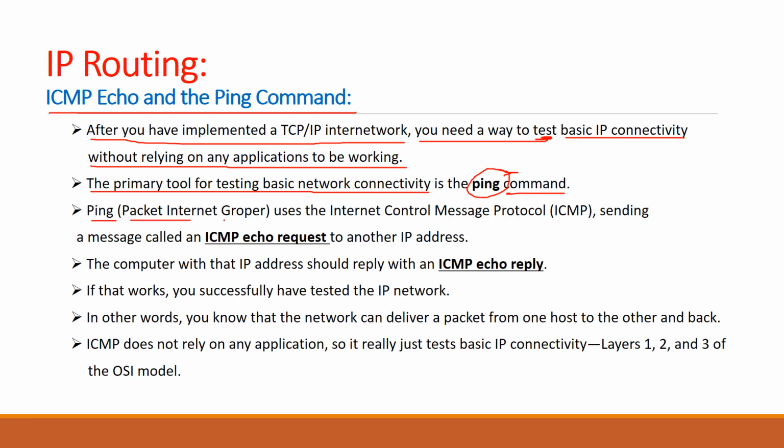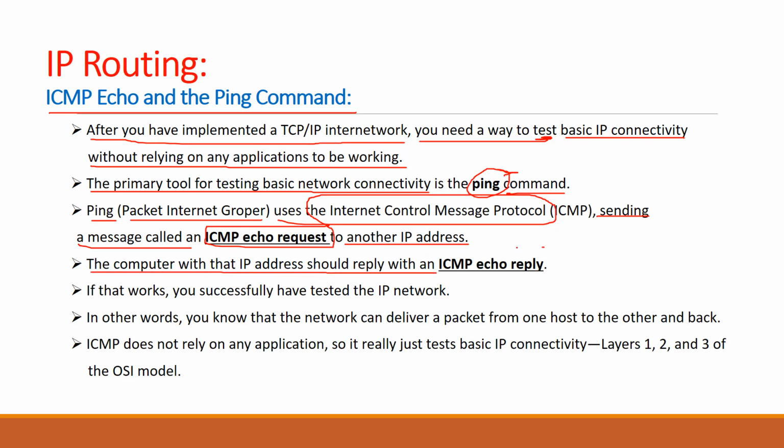Ping means Packet Internet Groper. It uses the Internet Control Message Protocol, or ICMP, sending a message called an ICMP echo request to another IP address. The computer with that IP address should reply with an ICMP echo reply.